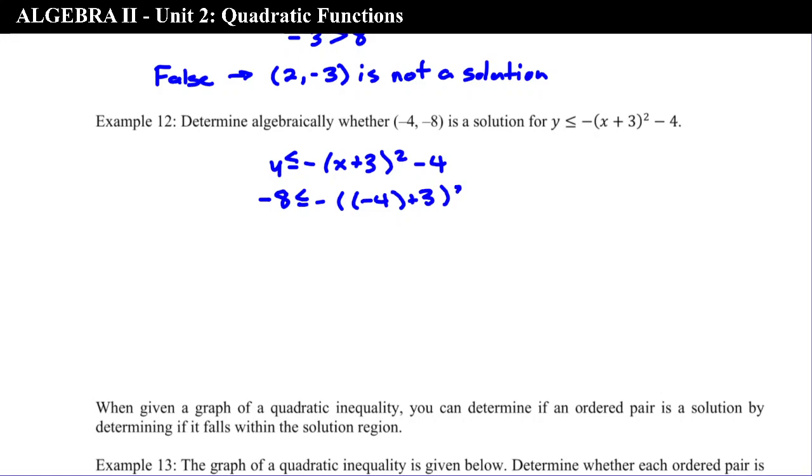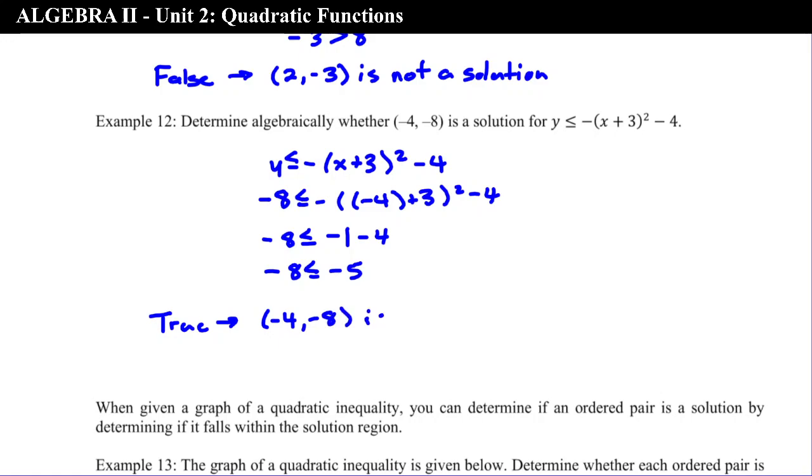And we're going to see what we get. Well, negative 4 plus 3 is negative 1. Negative 1 squared is 1. So you get negative 1 minus 4. Negative 8 is less than or equal to negative 5. And that is a true statement. And so since it's a true statement, then we can say that (-4, -8) is a solution.